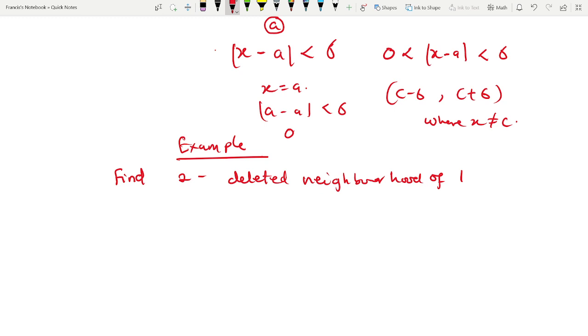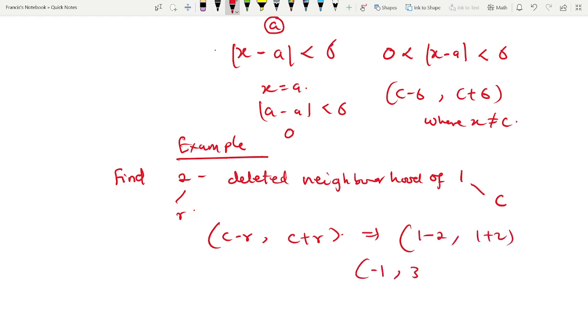So how do I find the 2 deleted neighborhood of 1? As I said, you simply locate your center. What is my center? The center is 1, and this is my radius. You simply write your center minus your radius, comma, center plus radius. So you're going to get 1 minus 2, comma, 1 plus 2. This is giving me negative 1, comma, 3.